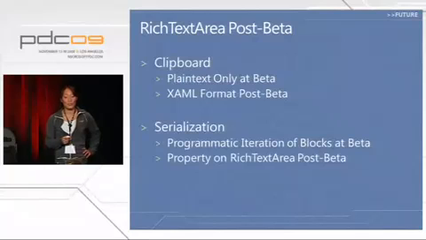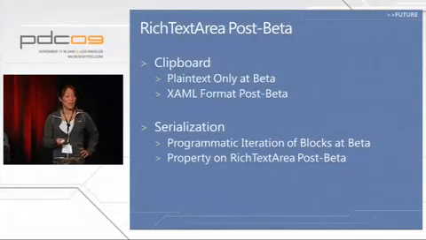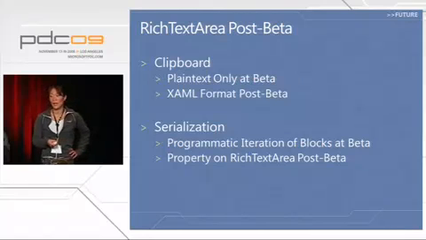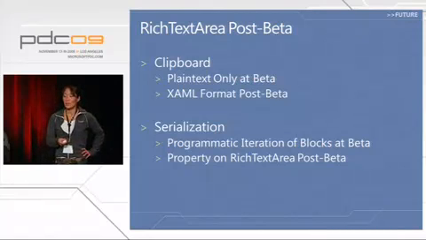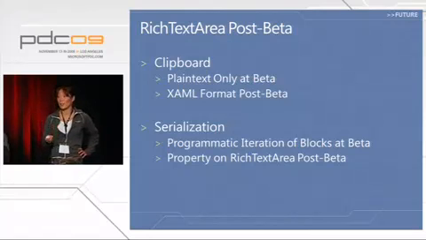A couple callouts for rich text area. Once you start playing with it, you might notice, in the beta, we only have plain text on the clipboard, but we are planning on making that richer post-beta. Similarly, right now, being able to serialize out the content within a rich text area, you have to do that manually.